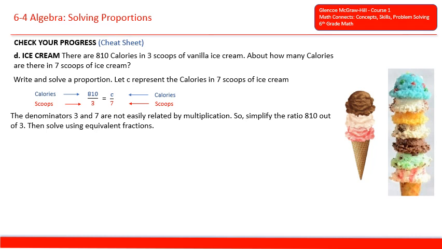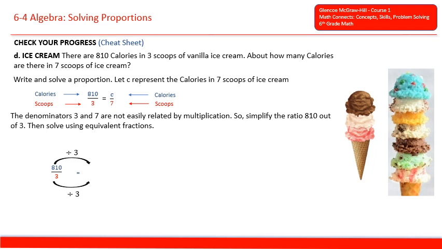The denominators 3 and 7 are not easily related by multiplication. So all that means is we can't multiply 3 times a whole number to get 7. So simplify the ratio 810 out of 3, then solve using the equivalent fractions. We have 810 out of 3. We need to find the greatest common factor to simplify it. And what we'll do is we'll see if 3 will go into 3 and 810 evenly.